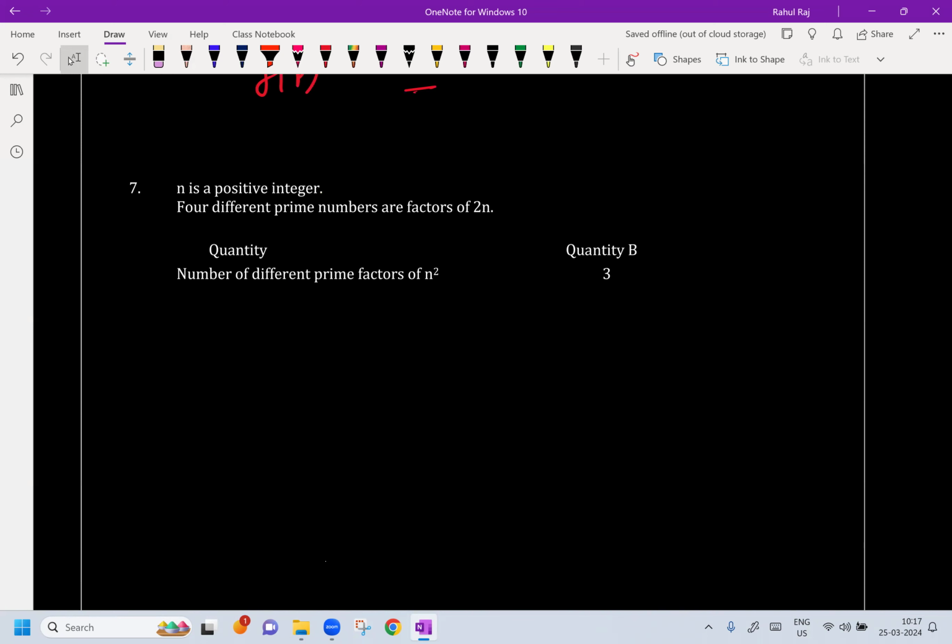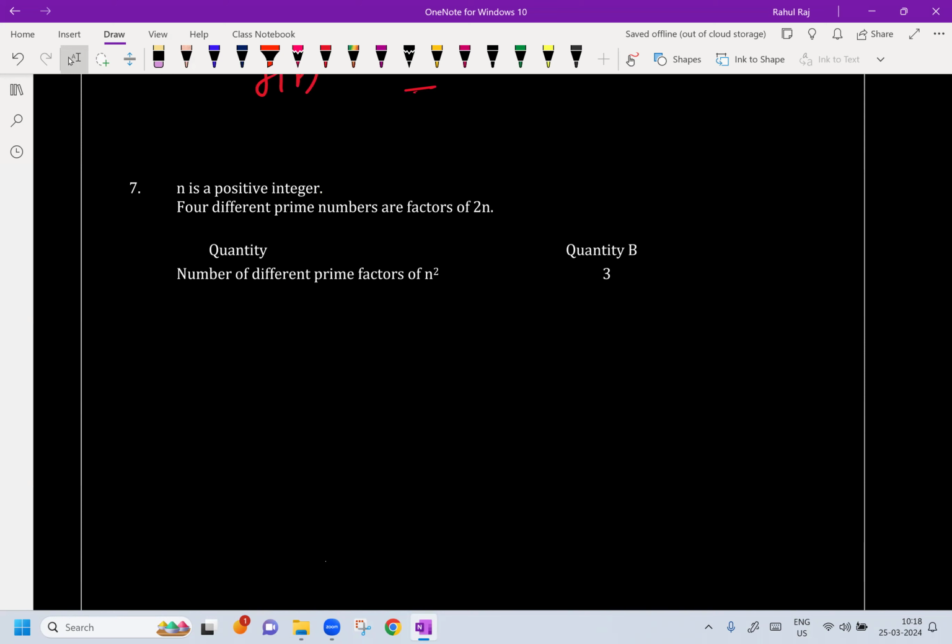So if I want to take the smallest 4 prime numbers, that is 2, 3, 5, 7. If all of these have to be factors of 2n, I use the HCF method, right?